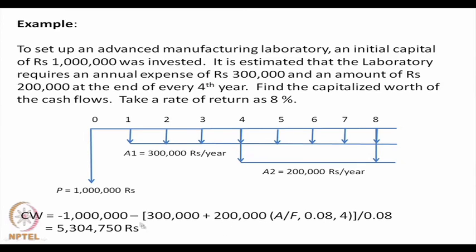So, this is the equivalent annuity considering both the cash flows, and according to our capitalized worth method, this is A divided by R, where R is 0.08, that is, an 8% rate of return is given. So, that makes it this minus this.